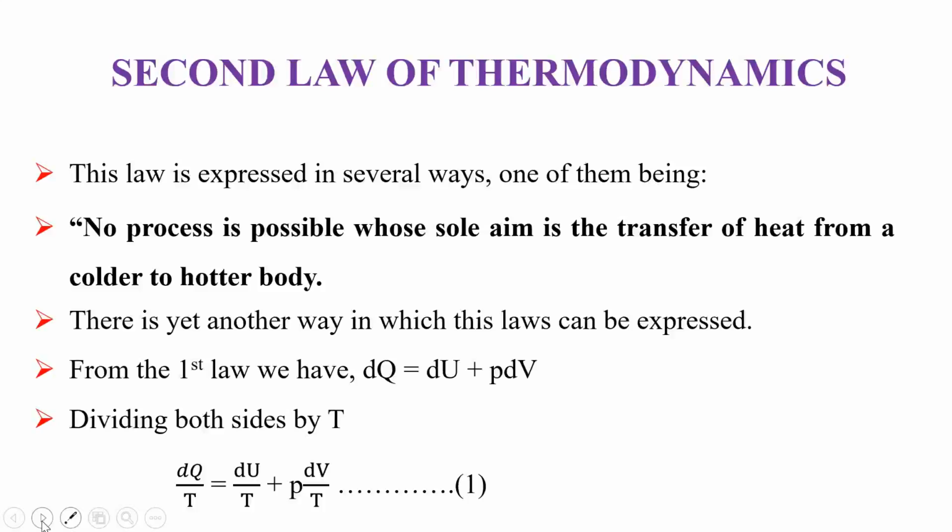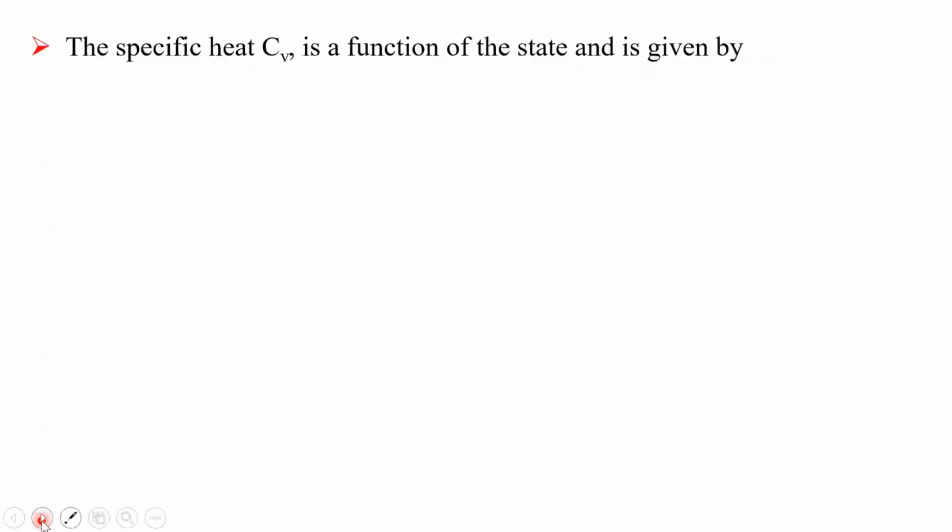That is equation 1. The specific heat Cv is a function of state and is given by Cv = dU/dT, or dU = Cv dT.